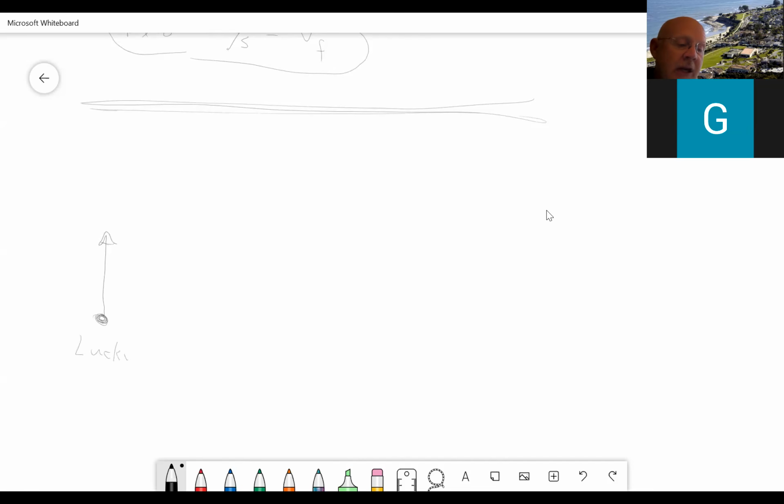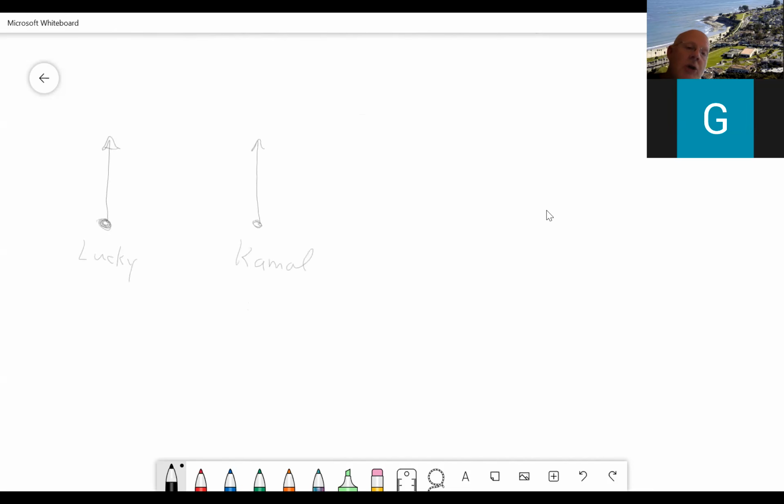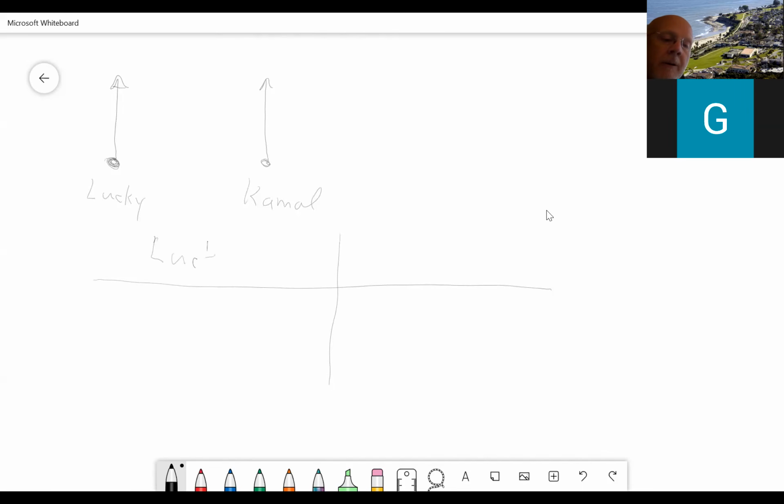Now I know they're at the same place, but for just a moment, I'm going to draw them separately so I can write out an equation. And really, the hint that I like to give students in 121 is make yourself a little chart here representing one object. And so this is the object thrown by Lucky and Carmel.